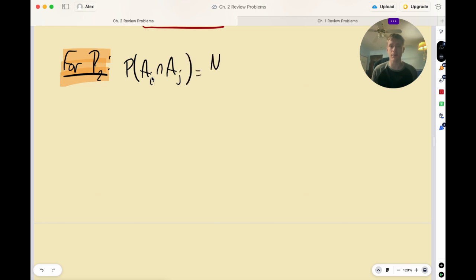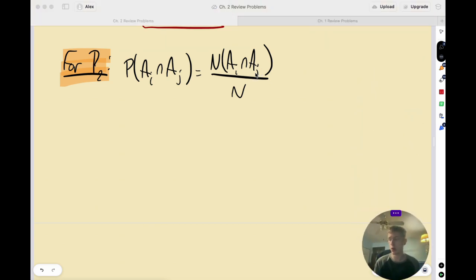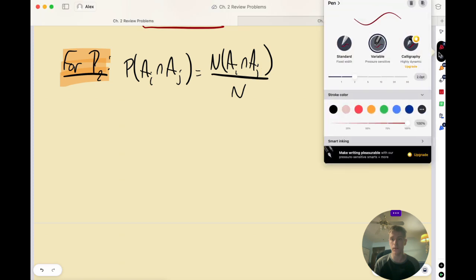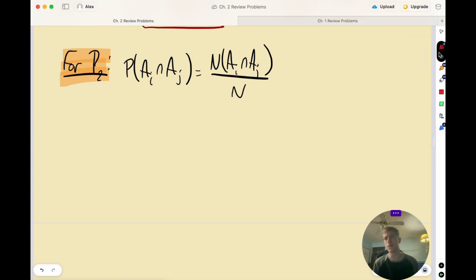But remember, this is the number of ways that a sub i and a sub j could occur, divided by the total number of possible outcomes. Well, the total number of possible outcomes is going to change now. Why is it going to change? Well, we have the same 52 choose 13 from before.